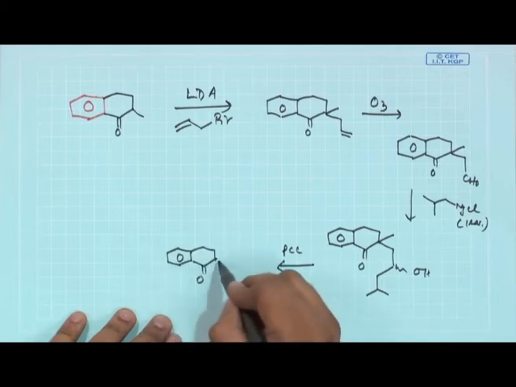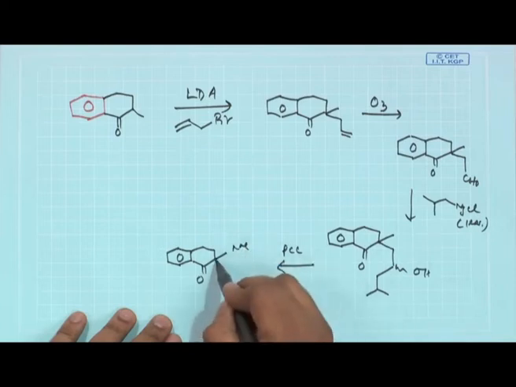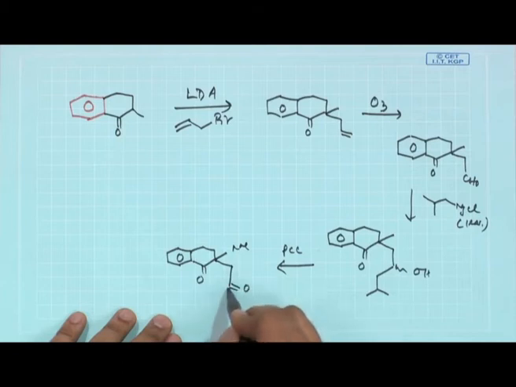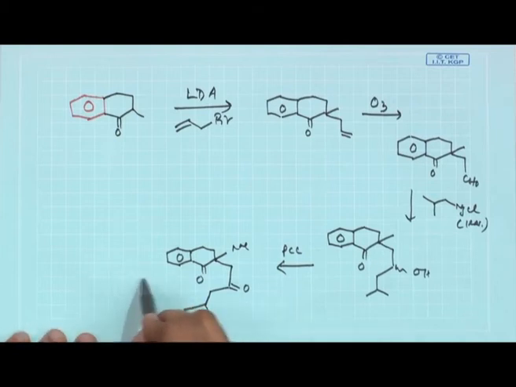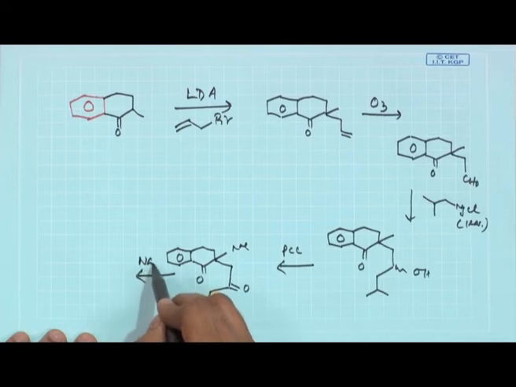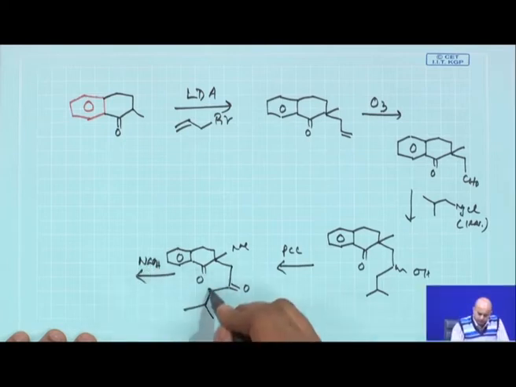Now, you can do a PCC based oxidation to get this ketone, and now you subject this ketone to a base, normally sodium hydroxide. Make sure this carbanion is generated, it attacks here.